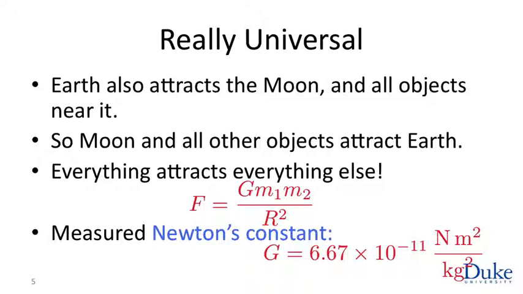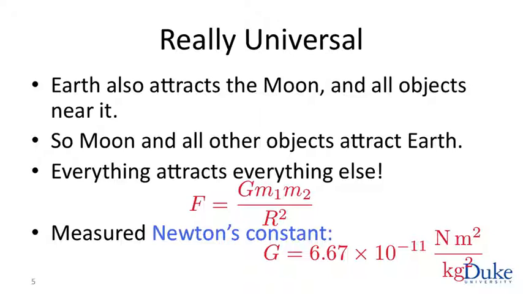Any object applies a force to any other object in the entire universe, and the force is proportional to the mass of the two objects. It's inversely proportional to the square of the distance between them, and there's this universal constant of gravitation that defines what gravitation is and how powerful it is, which very appropriately is given the name Newton's constant.